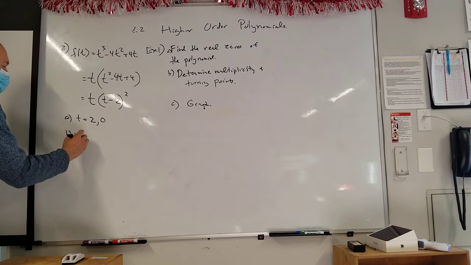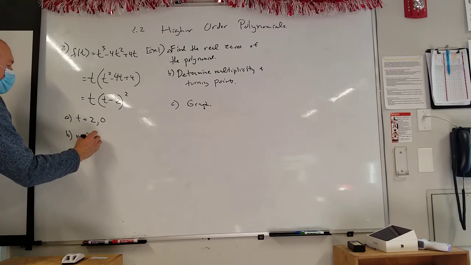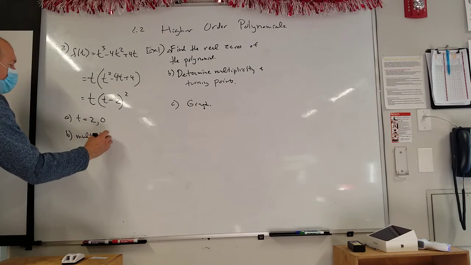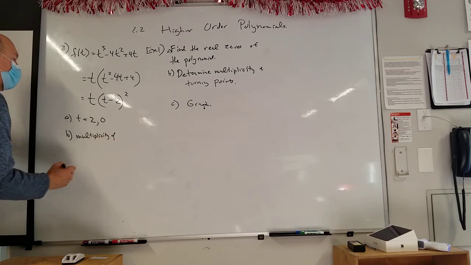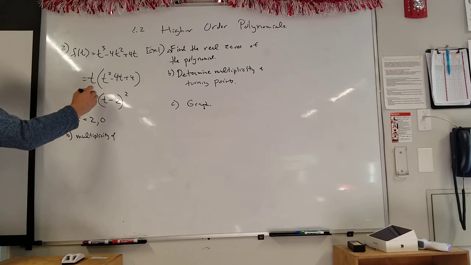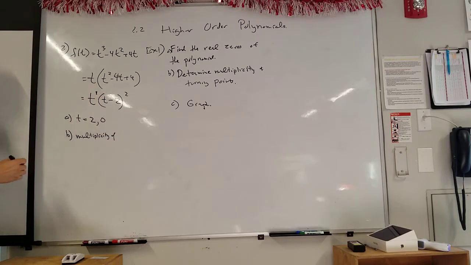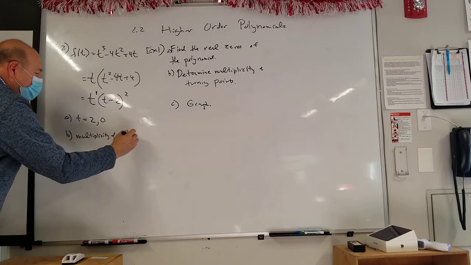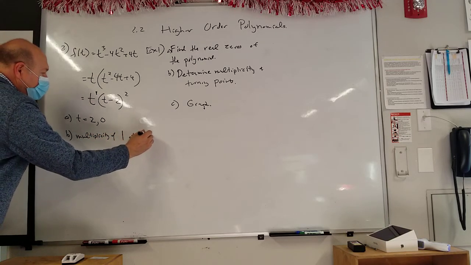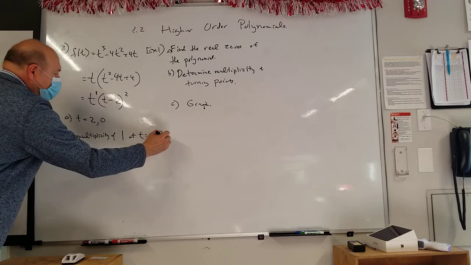Alright, multiplicity of, let's put exponents on here. I'm gonna put a little 1 right here, right? Multiplicity of 1 at t is equal to 0, and that is an odd multiplicity.